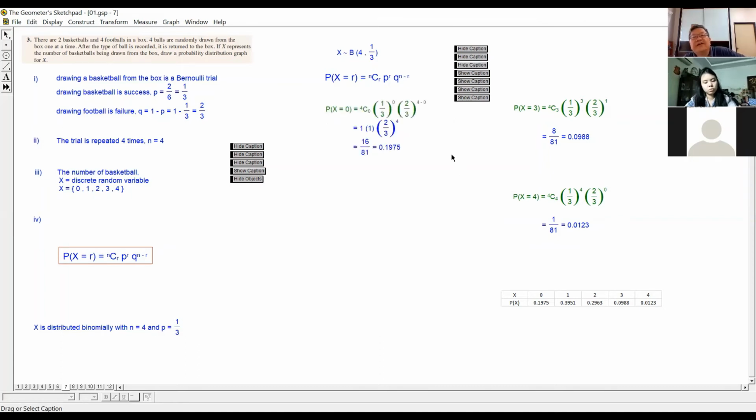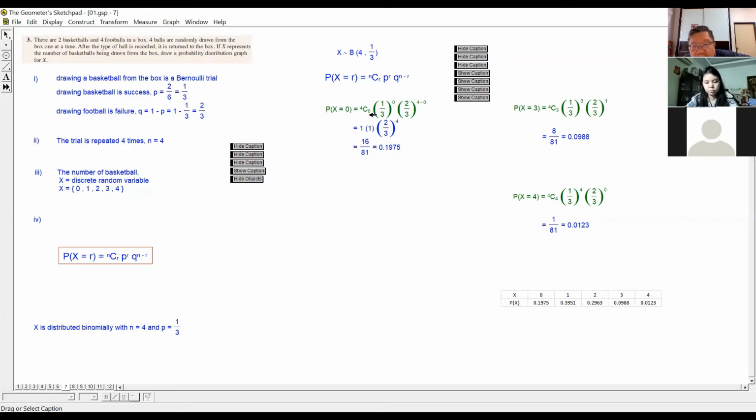So we look at the first discrete random variable, x equals to 0. The probability of x equals to 0 is n choose 0. N is 4, so it's 4 choose 0, with the number of successes 0. Where does this number 0 come from?